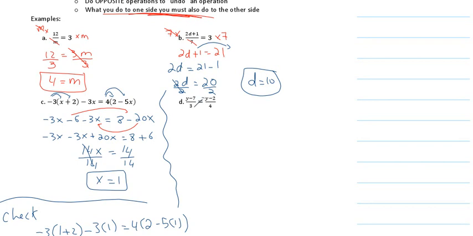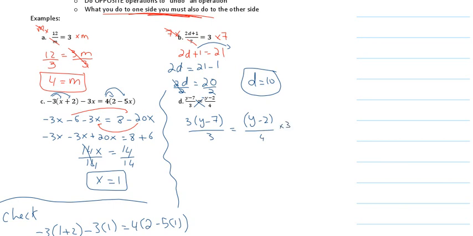Why is this true? Don't write this, but look at it. As I said earlier, I have to multiply both sides by 3 to get rid of the 3. You guys agree with that? Yes?